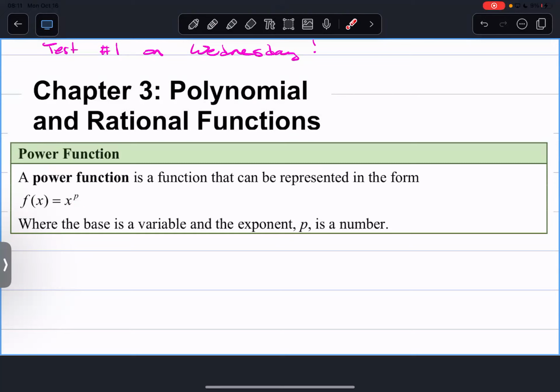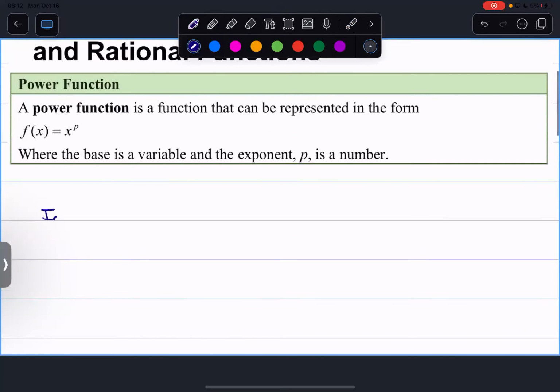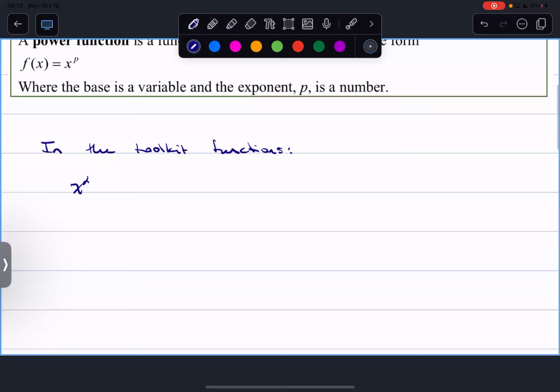And so power functions that we've already seen as part of the toolkit functions, we've seen x squared, which generally looks like this, right?